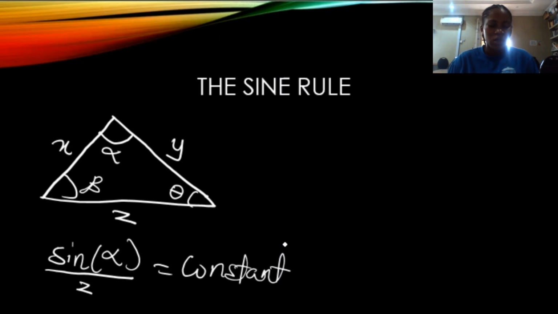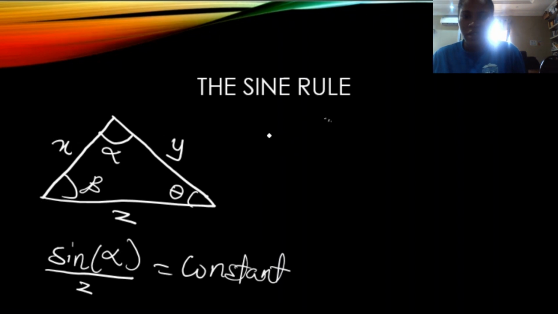Since it's a constant, the sine of this angle over its opposite side, the side facing it, is a constant. So it can also be equal to the sine of this angle over the side facing it, and it can also be equal to the sine of this angle over the side facing it.